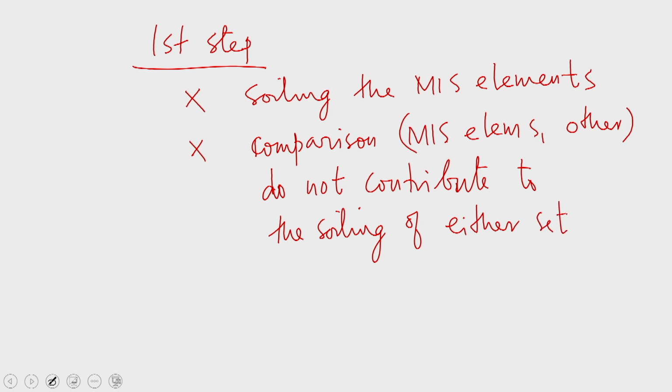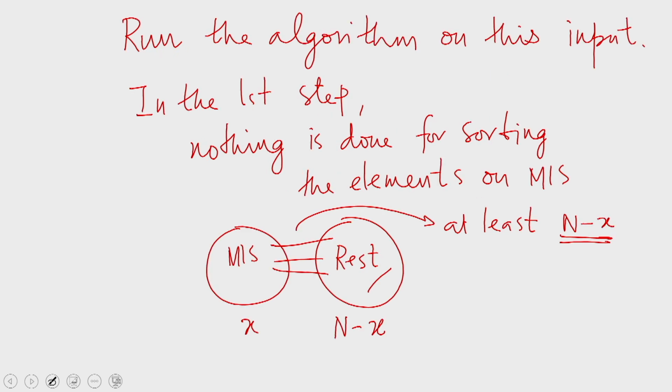But then we can give a benefit of doubt to the algorithm. We can assume that all the comparisons that the algorithm has performed within this set, if I call this S and this as u minus S, where u is the set of all the vertices, then any comparison that you perform within u minus S, you can assume is contributing towards the sorting of u minus S. Therefore, now you can assume that u minus S is already on its way to being sorted.